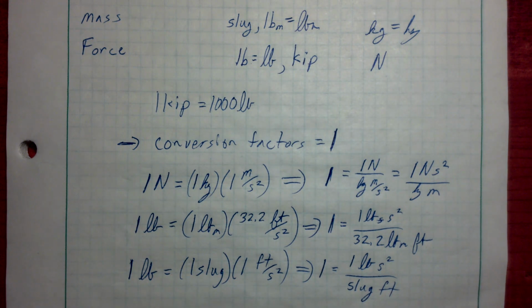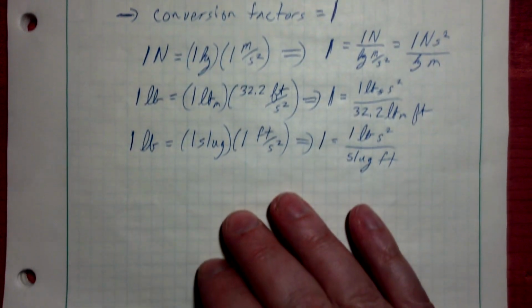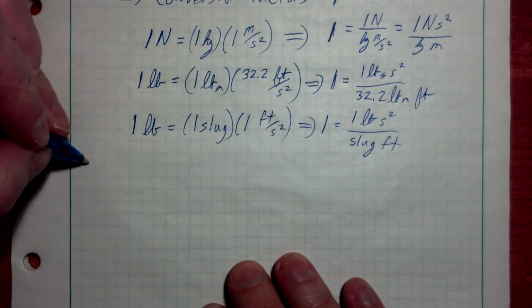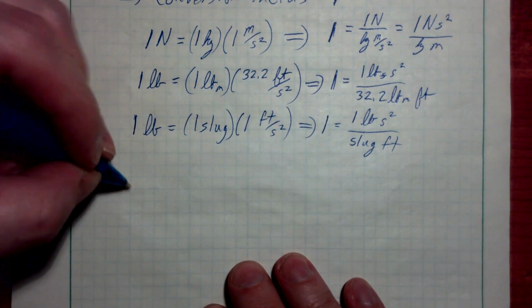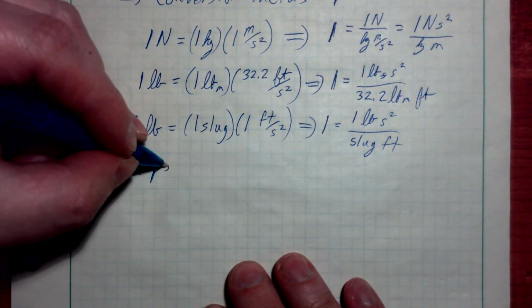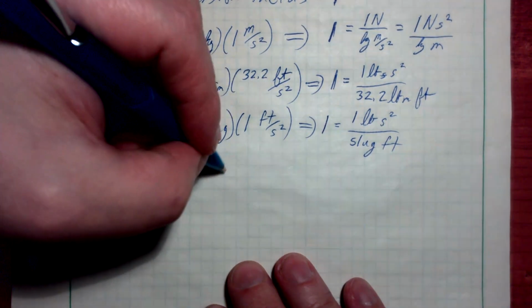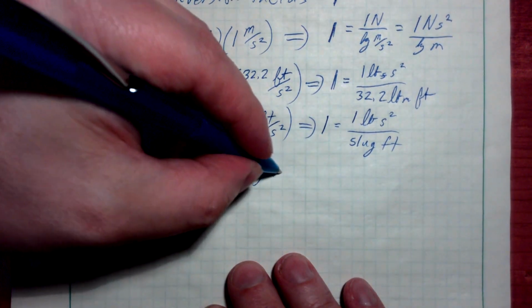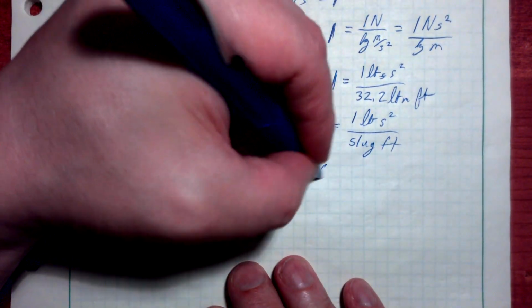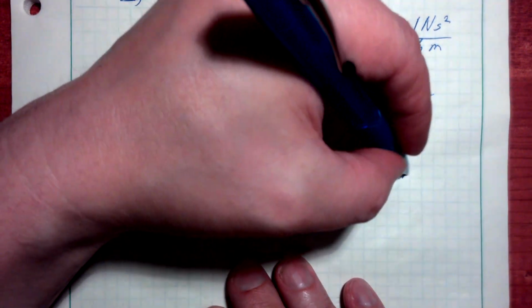Now, if you want to see these units in action, let's see these units in action, shall we? Let's say that we've got an example here. Let me say a person weighs 200 pounds on Earth.